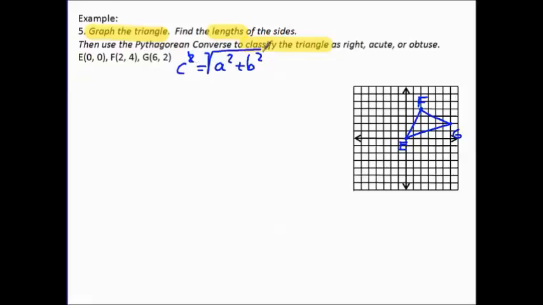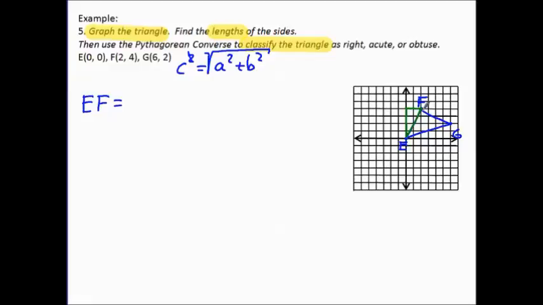We get c is equal to the square root of a squared plus b squared. So when we want to find the length of our side EF, let's realize that the side EF is the hypotenuse of a right triangle that has these two other sides which go nicely along our grid lines, and we can measure their sides very easily.